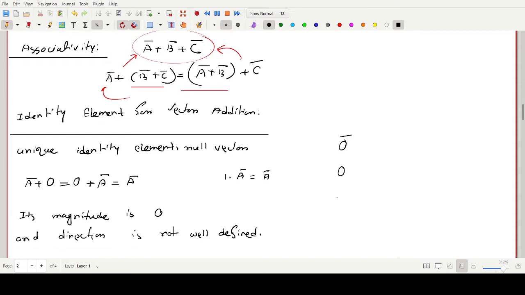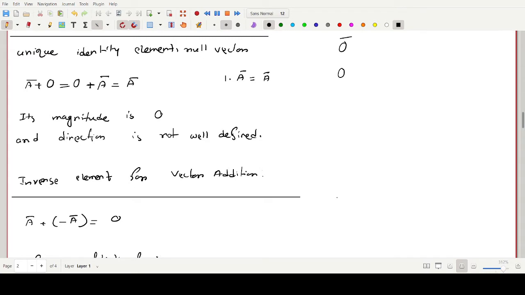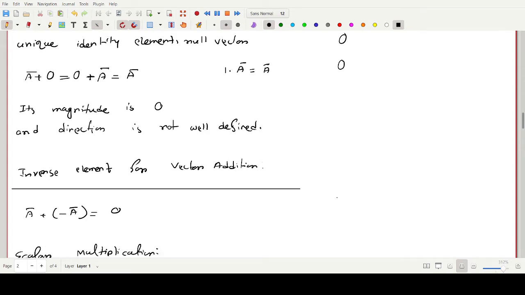So this is the identity element, and there is another element called the inverse element for vector addition. So what is the inverse element? If a is a vector, minus a is the unique inverse element. If you add a with minus a, you will get a null vector.